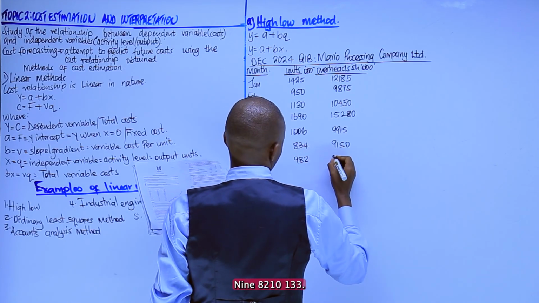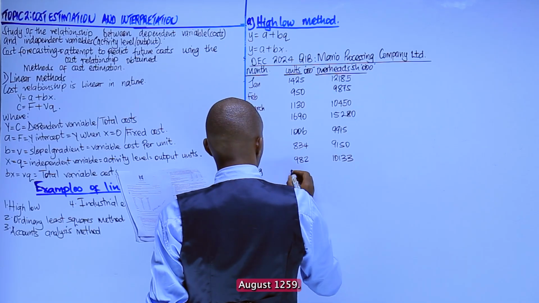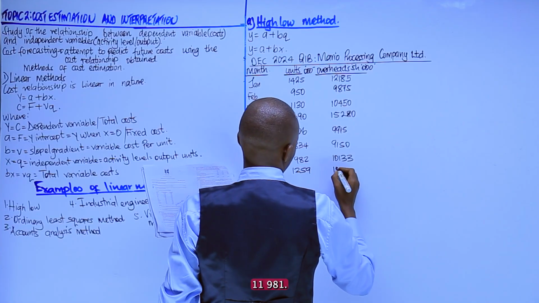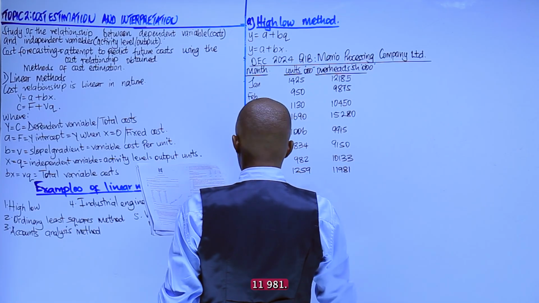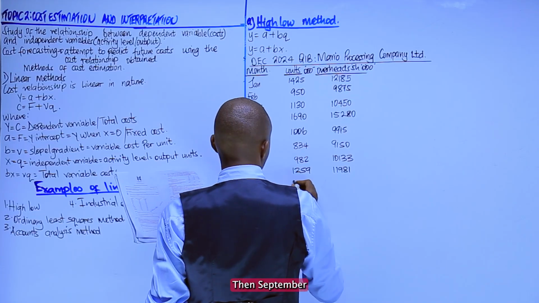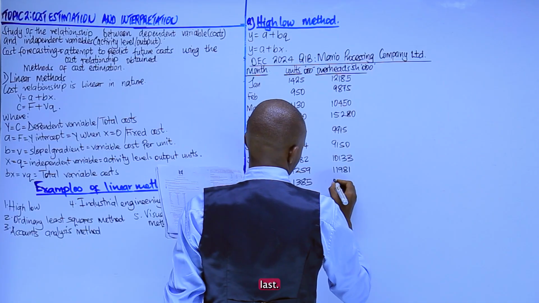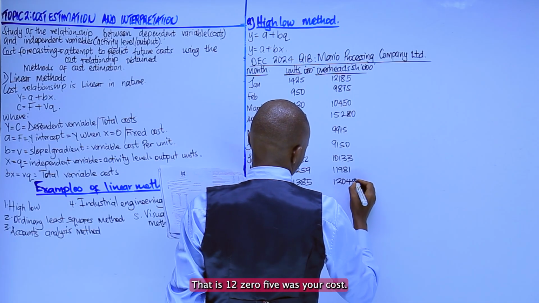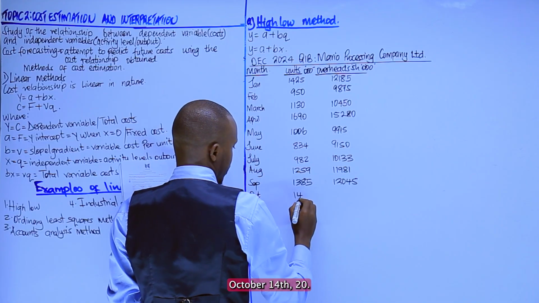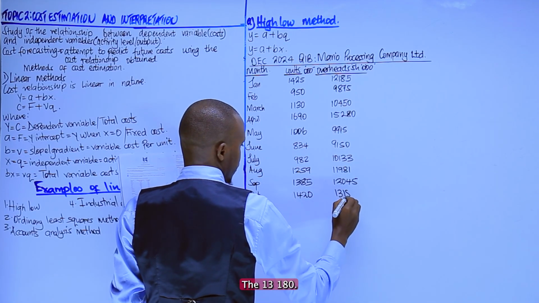July, 982, 10133. August, 1259, 11981. Then September is 1385, with 12045 as your cost. October is 1420, 13180.